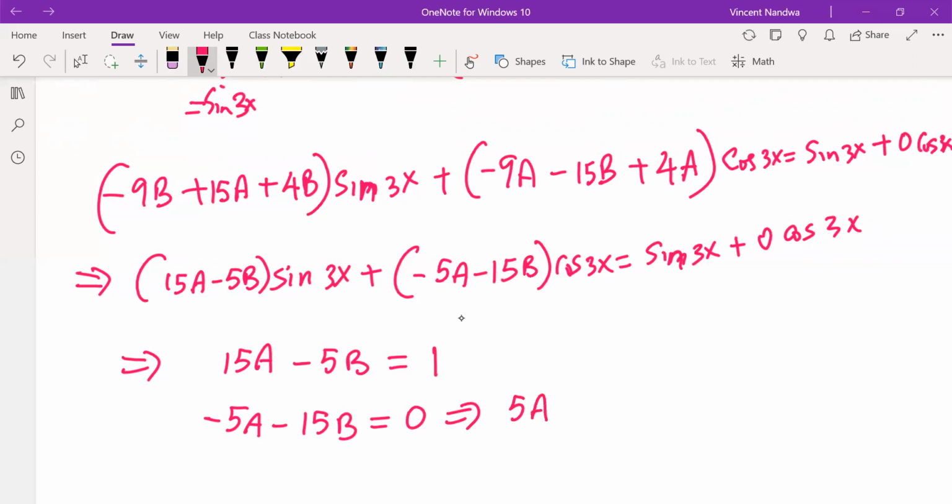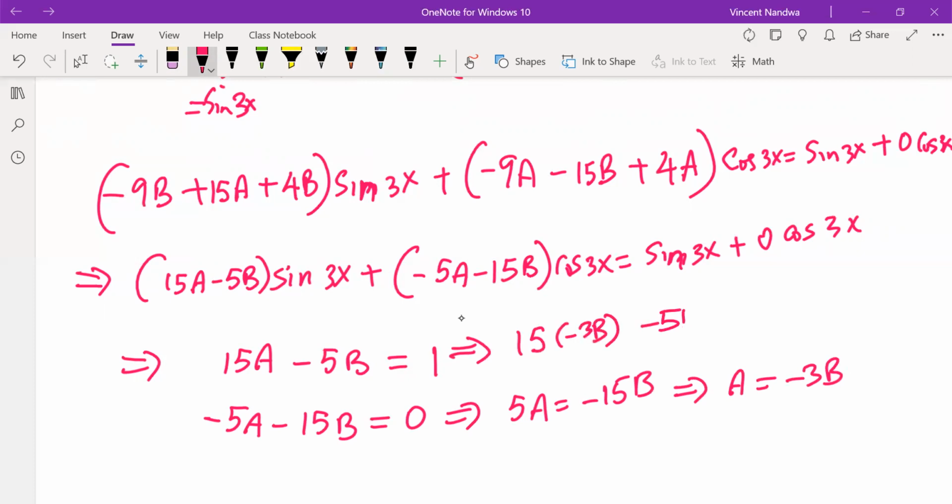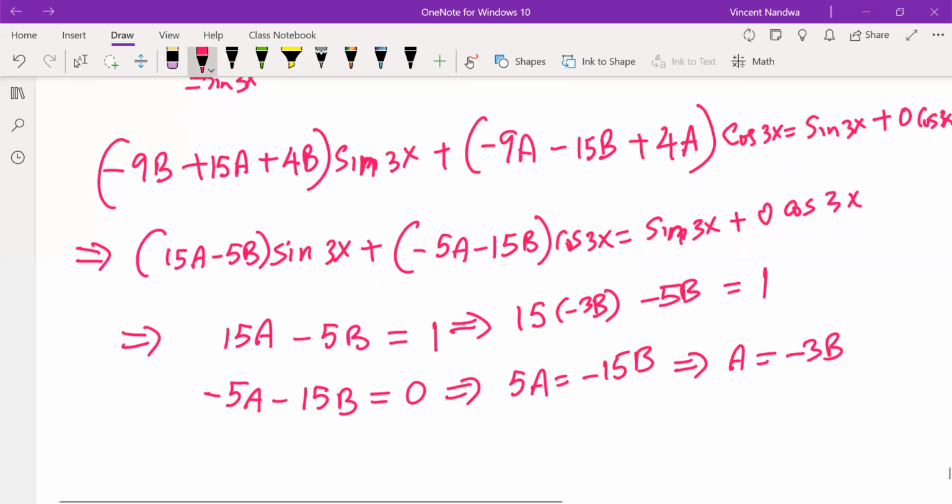So this means 5a equals minus 15b, which means a is minus 3b. So when I use that in this equation, I'll have 15 into minus 3b minus 5b equals 1. So 15 times minus 3 is minus 45b.